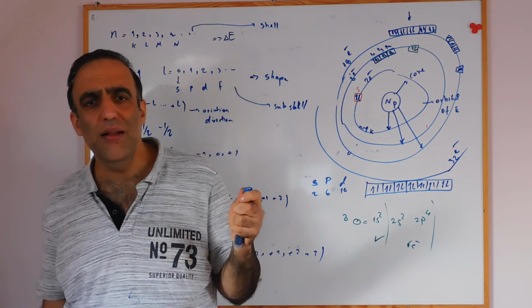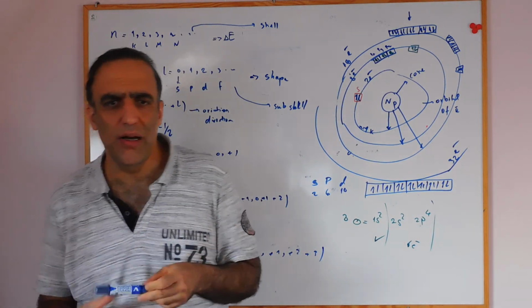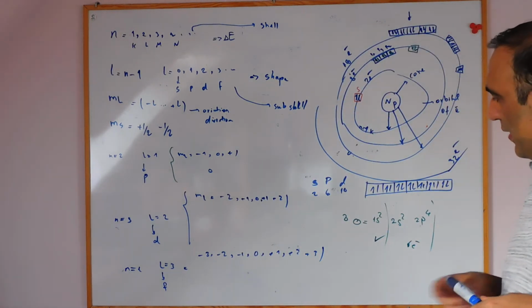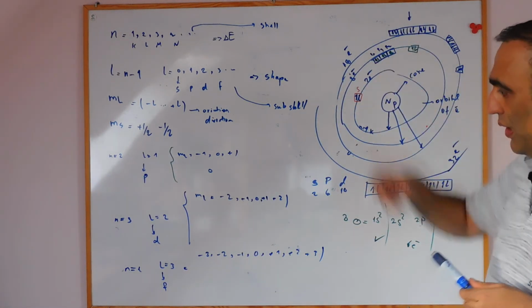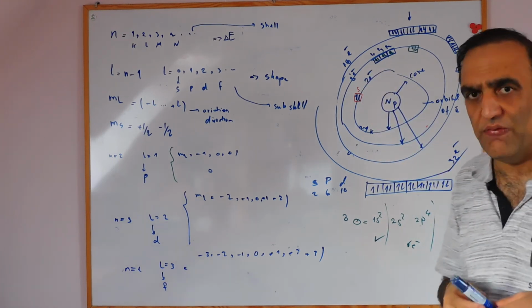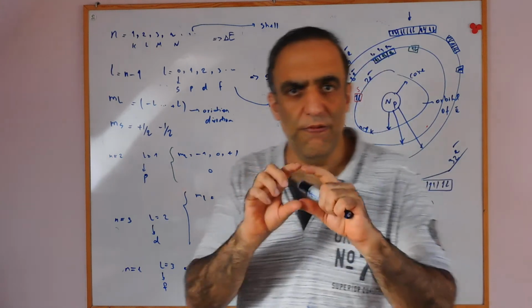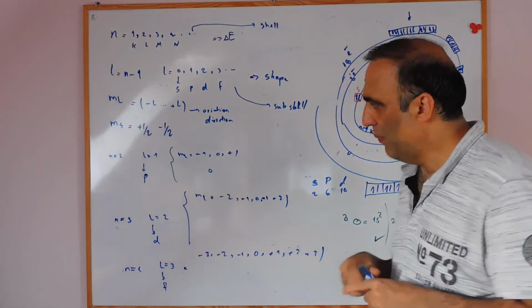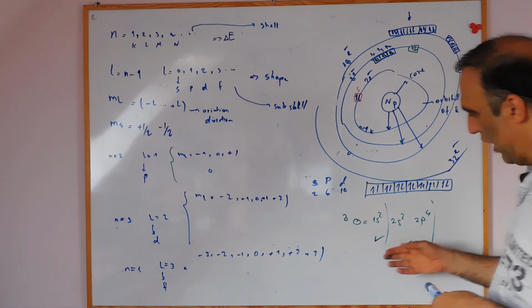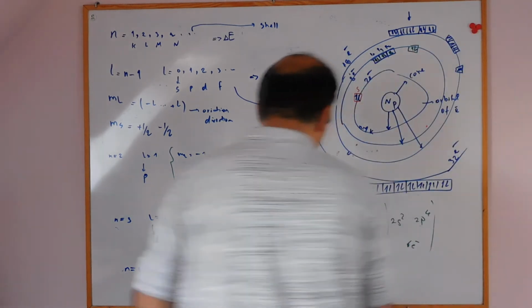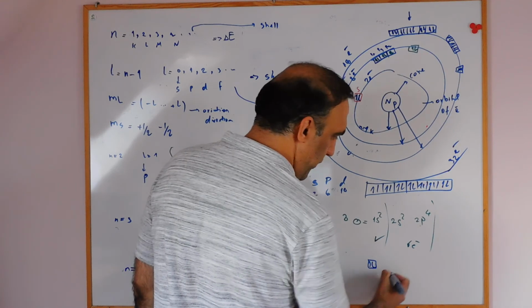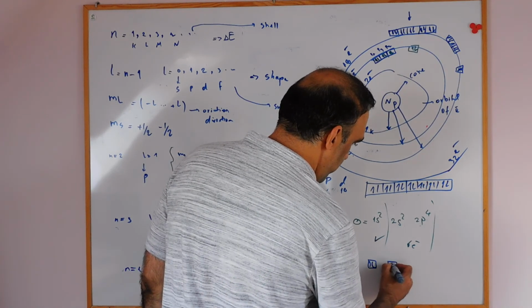The other thing I spoke about, the other rule, is the Hund rule. Hund rule says when we fill the orbitals, for example S, P, D, F, first we fill one electron at a time with the same spin. For example, if I want to draw oxygen, okay, 1s2 is 2 electrons, 2s2 is 2 electrons.